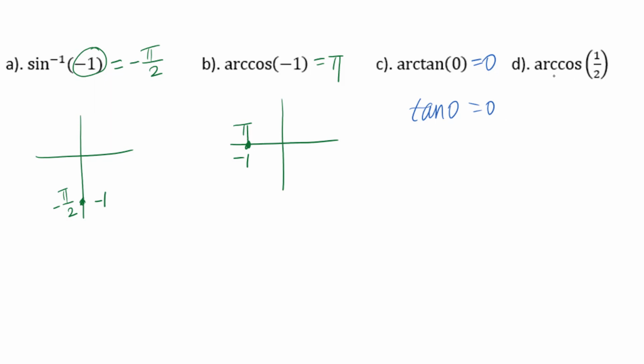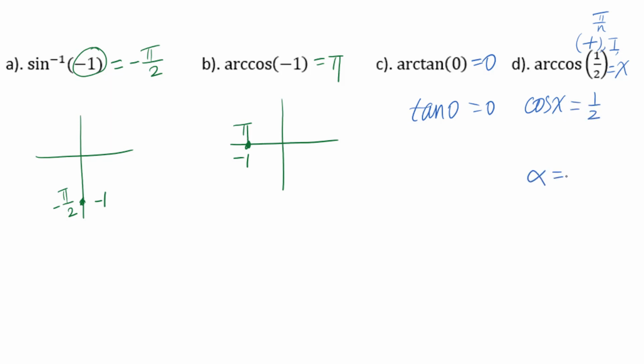Let's go to arc cosine 1/2. This angle is not a quadrantal angle. Therefore, we just analyze. Since this is positive, go to the first quadrant. Pattern will be pi/n. So we set this equal to x. We have cosine x equals 1/2.